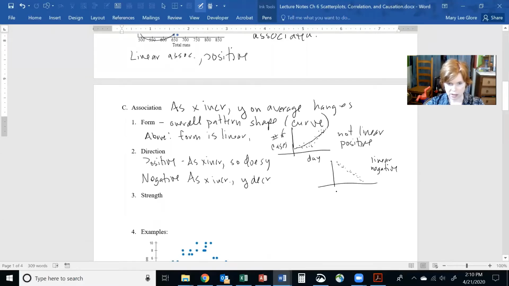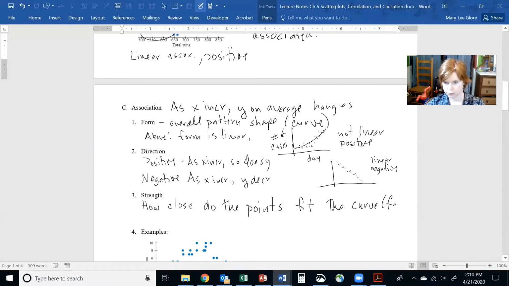Now strength is the third thing. Strength is related to how close the points fit the line or the curve, the form. We might say they have a weak association.